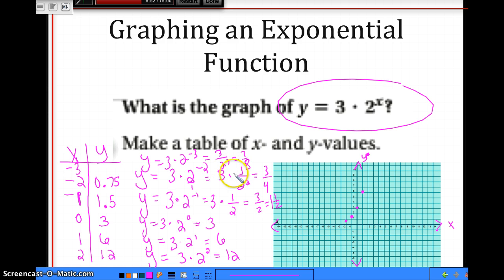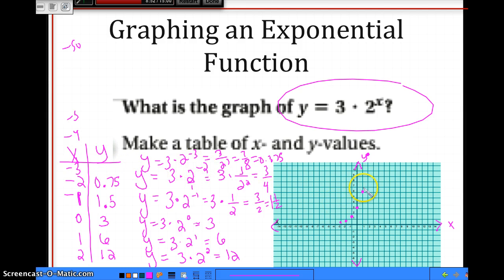And changing that to a decimal, 3 over 8 comes out to 0.375. So notice that it's actually getting closer to the x-axis. If I just kept going, put negative 4, negative 5, I don't care if I went all the way to negative 50, you're never going to hit the x-axis. So you're never going to come out to 0 in your y column.